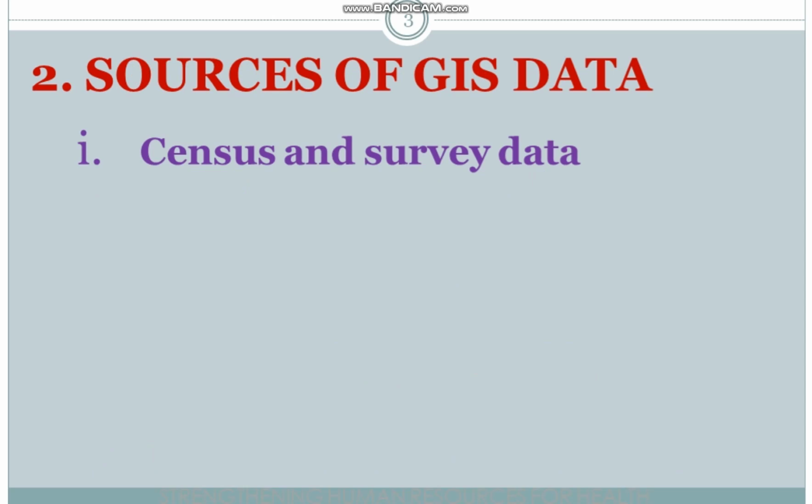Then you have sources of GIS data. The first one is census and survey data. As you frequently hear in demographic areas of study, you have the census. Census is the per-head count of population, households, and agricultural products.